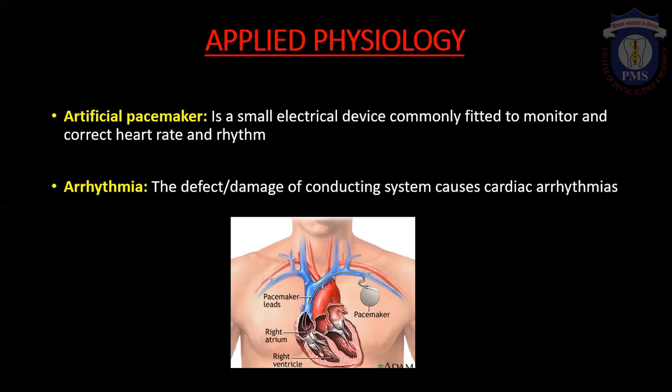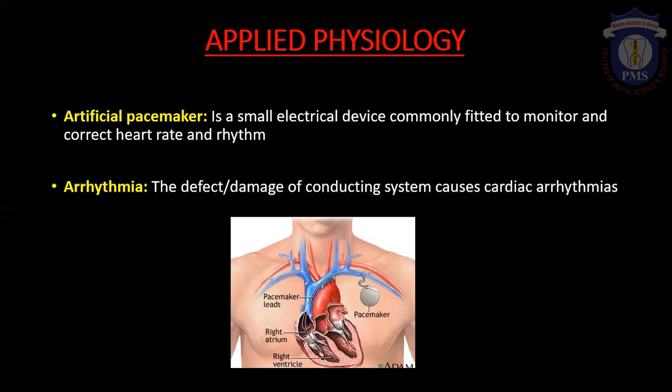Though the SA node is considered to be the primary pacemaker, whenever any disease or pathology occurs related to the SA node, the AV node will take over the function of pacemaking. Once the AV node has any problem, the bundle of His will take over pacemaking. And if the bundle of His is also impaired, then the Purkinje fiber will itself start acting as a pacemaker.